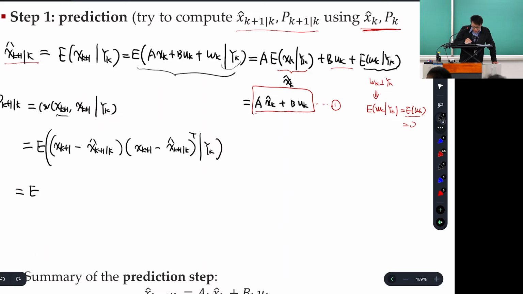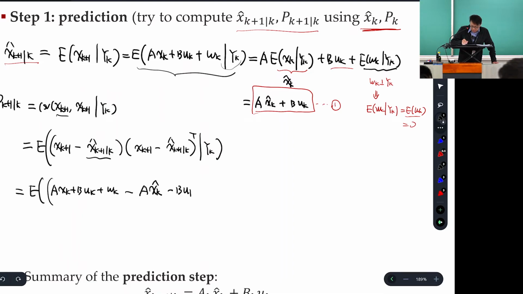Overall, I can plug in things. This is A xk plus B UK plus WK. That's the first term. Minus this one we just computed here. So it will be A xk hat plus B of UK. That's my first parenthesis.